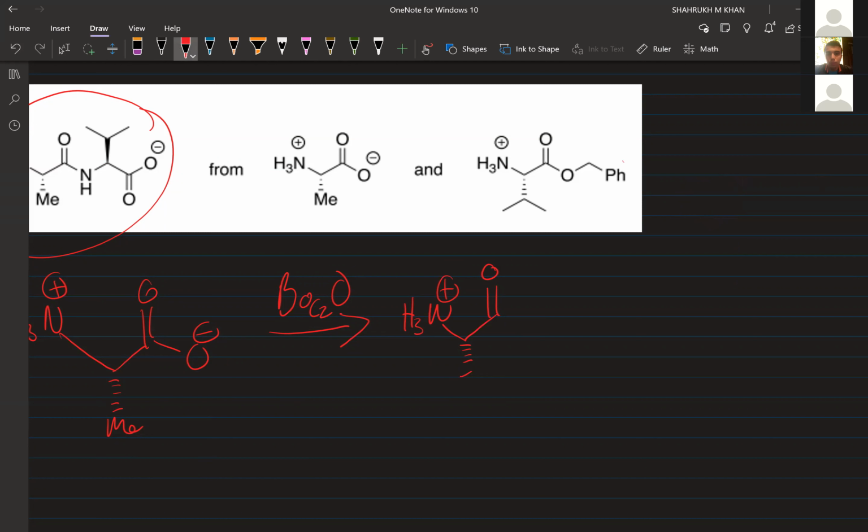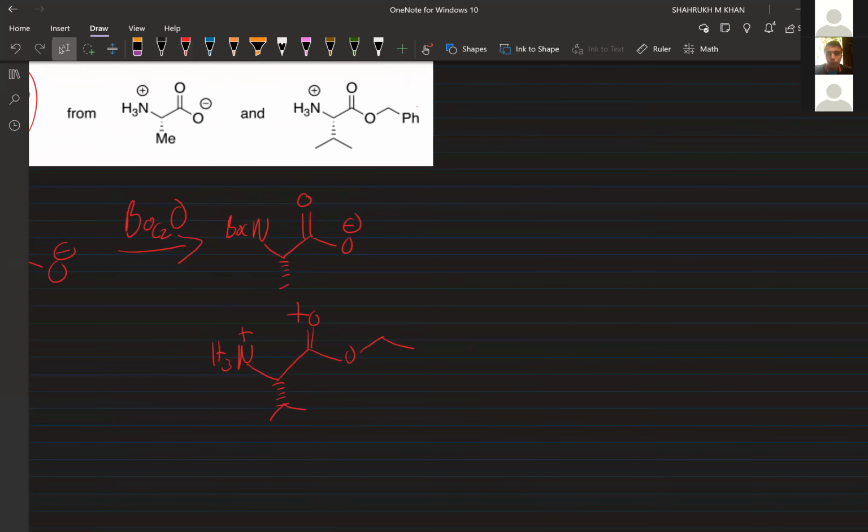Okay. So we have our methyl here. We have our O minus, right? So now we could add these together, kind of, right? Oh, sorry, this should be N-Boc, Boc-N, right? However you want to write it. And then we add the other part, what we did at the end of that.